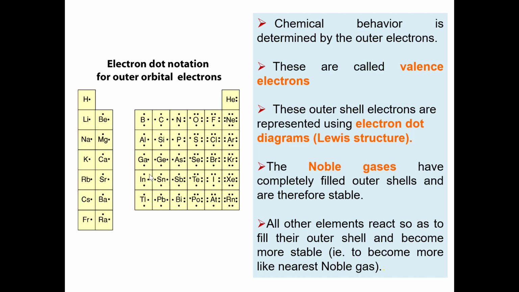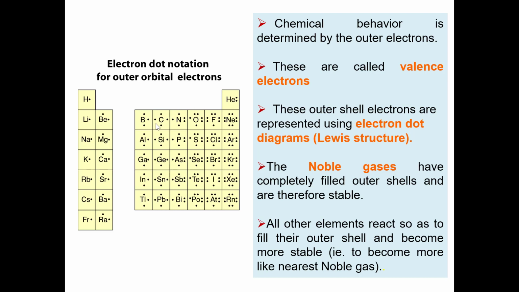Another important thing is that the noble gases have completely filled outer shells and are therefore stable. This is why the elements in group A are stable. Their outer shell is filled. All these other elements react so as to fill their outer shell and become more stable.